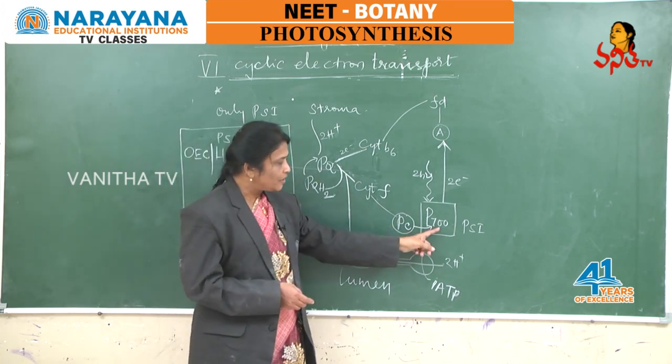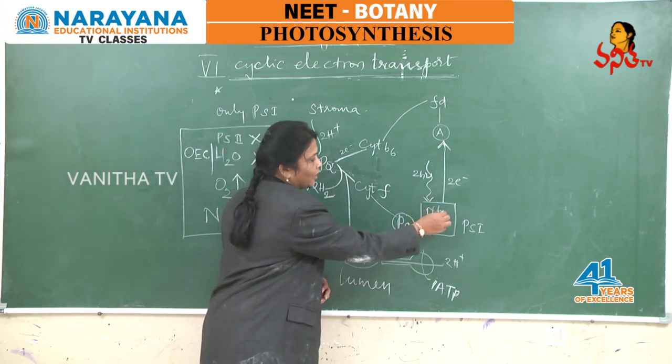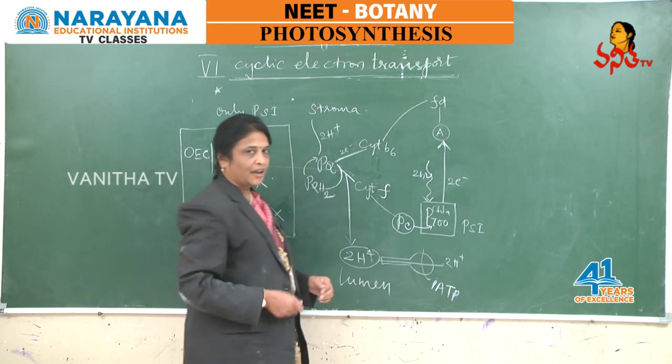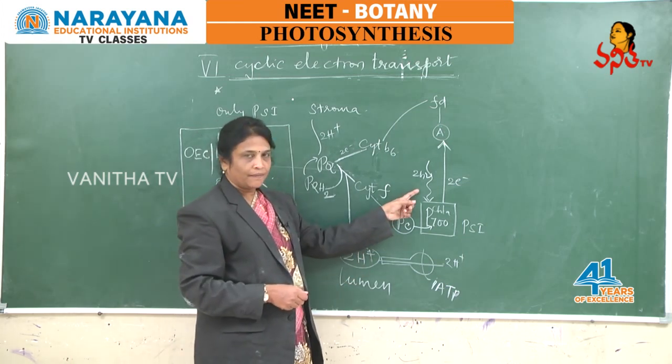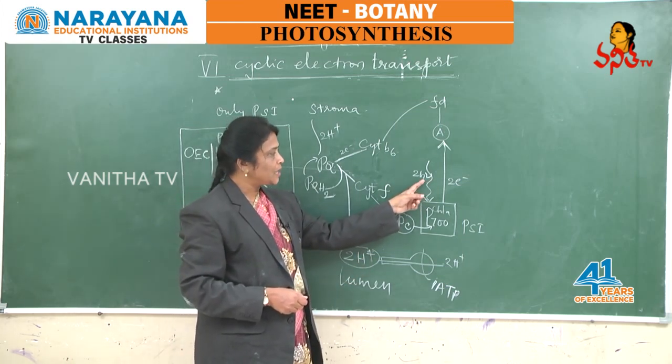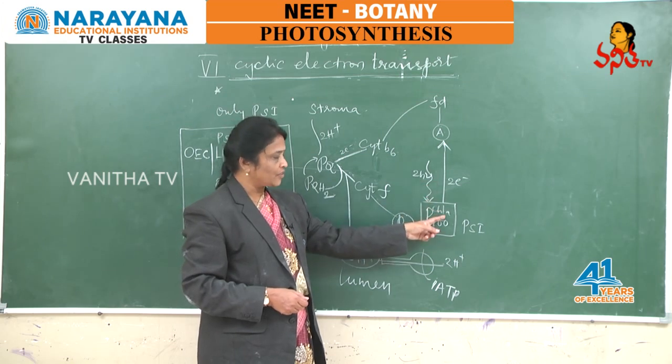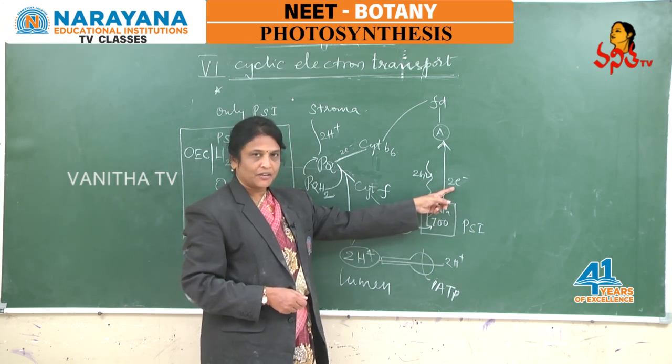So the reaction center pigment, that is chlorophyll A of P700 type, that absorbs longer wavelength, and as it absorbs 2 photons gets excited and liberates 2 electrons.